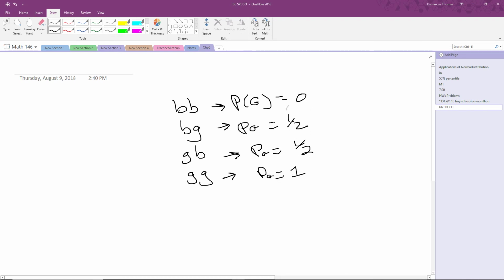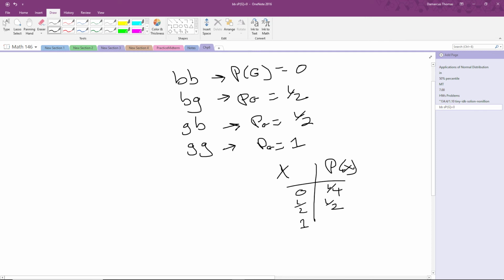Now we're going to create a sampling distribution of those results. So we have our x, and then we have our p of x, and we're going to put in these values: 0, a half, and 1. Now, how many zeros did we get? 1 out of 4. A half, well, there's 2 out of 4, so that's a half.